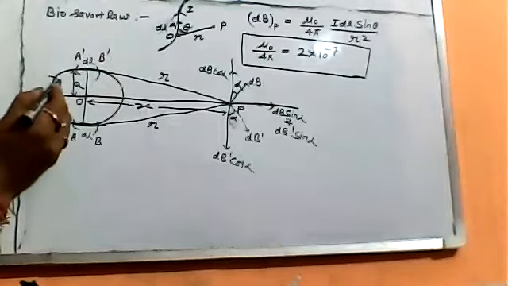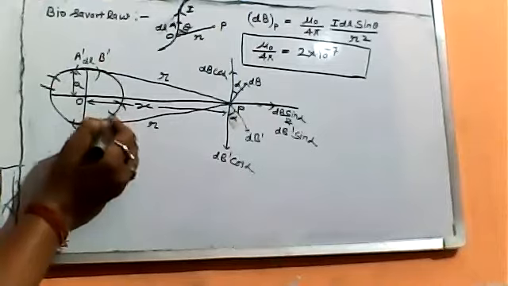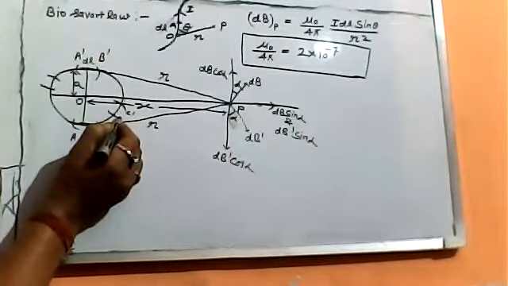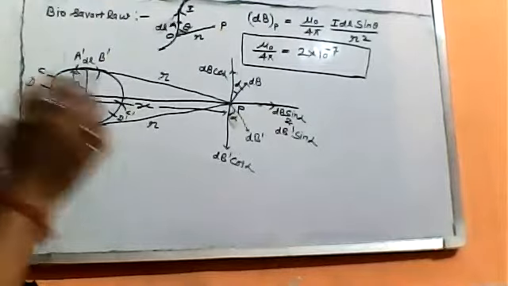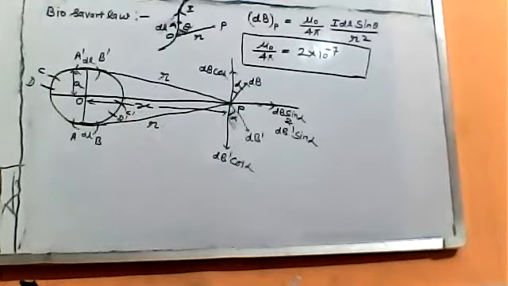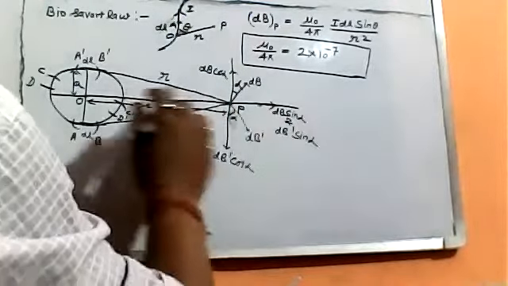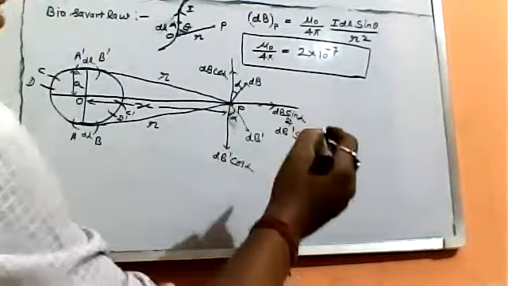Similarly, you can take one pair CD, then just opposite C dash D dash. In this way, for every pair, cos component gets cancelled and sin component gets added. So the total magnetic field at point P will be equal to the integration of dB sin alpha.